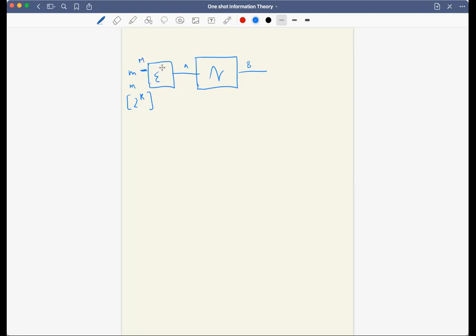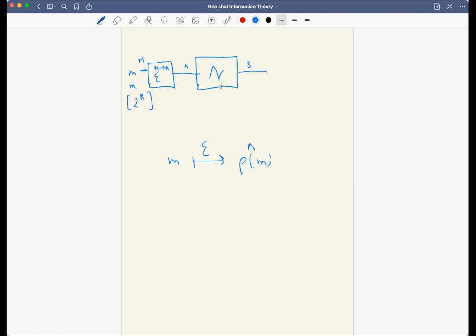This encoder will map from the M space to A space, but it maps a classical bit string, basically like a sample point, to a density matrix. More explicitly, it will map M to some rho M on the system A. So this is the operation of the encoder.